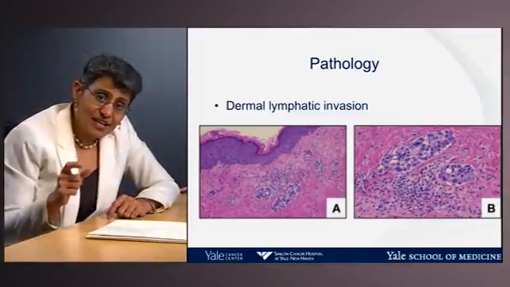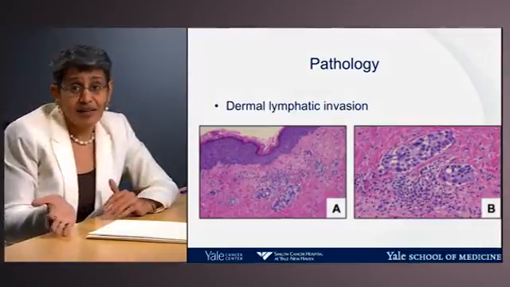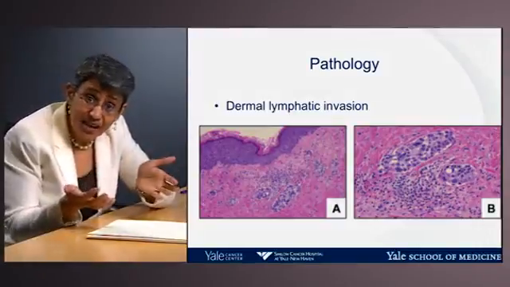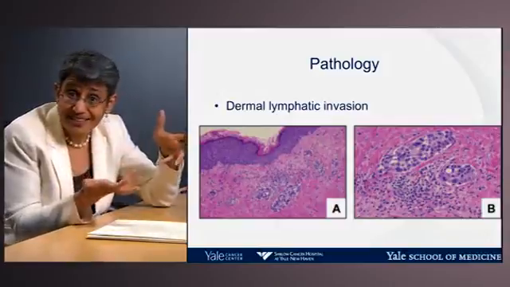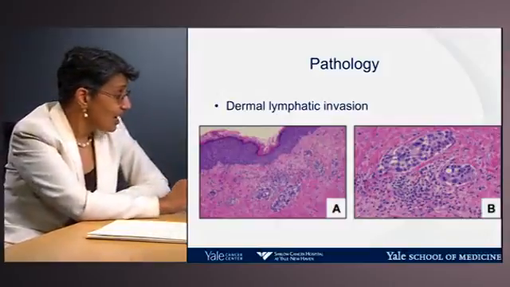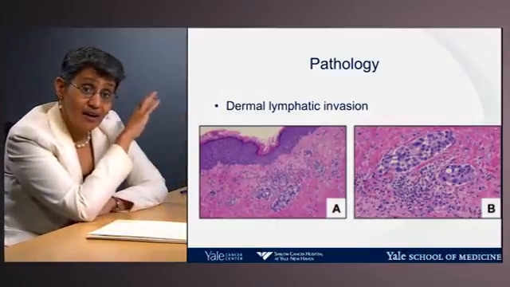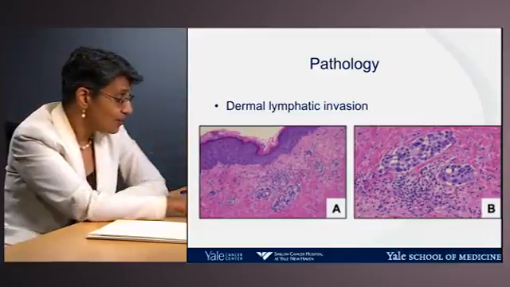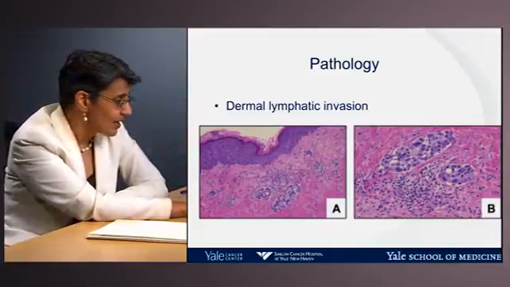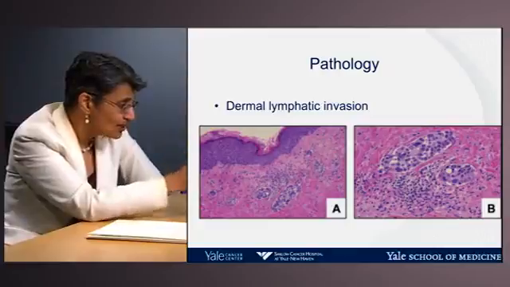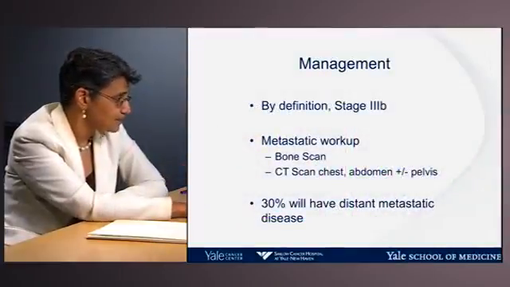Dermal lymphatic invasion is exactly what it sounds like. It's cancer cells plugging up the lymphatic vessels in the skin. And here you can see both a gross view as well as an up-close view of what that looks like with these cancer cells really in this lymphatic space.